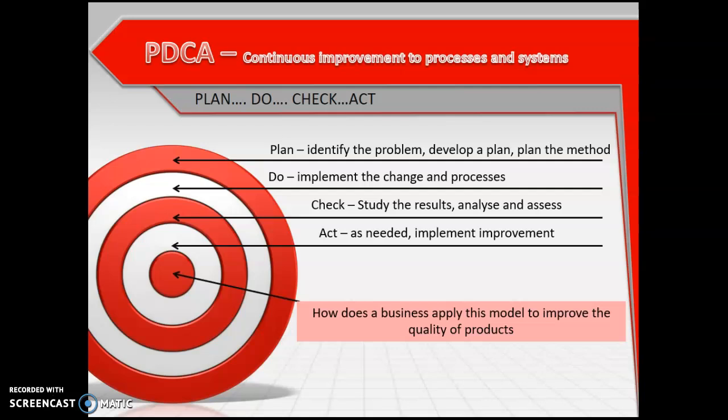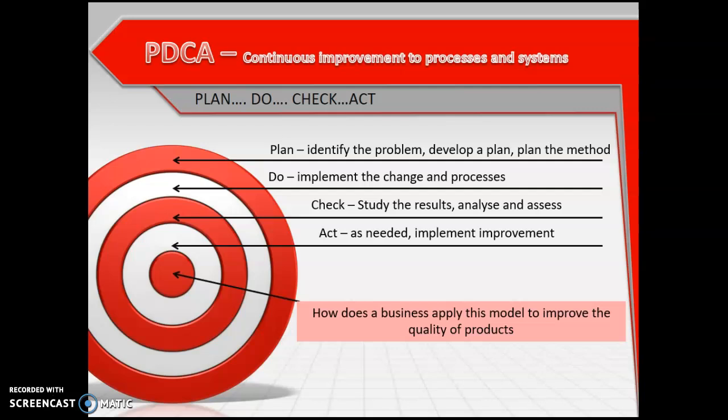Let's think about this in terms of finances in a business. You may plan to make 10% profit, right? So you put it into your budget and you've done all your planning. Then you operate, you sell your products, you get your stock in, and you're actually trying to make this profit. At the end of the month, you stop and you check, did you make 10%? And now you see you only made 8% profit.